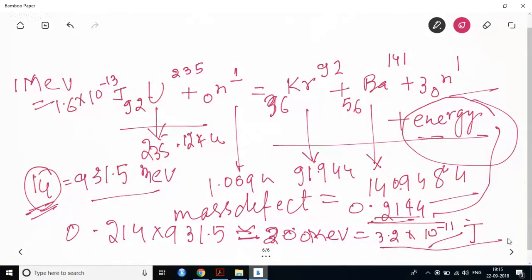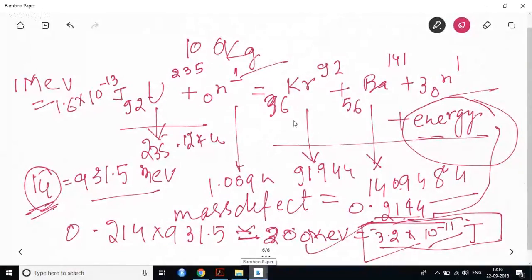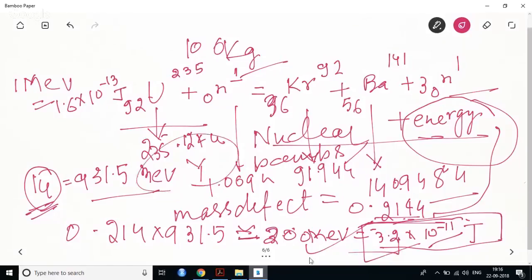You can understand, if I take enriched uranium of 5 kg or maybe 100 kg or 200 kg, what kind of energy would be produced. That is why nuclear bombs are so destructive. One, they produce gamma rays, and a huge amount of energy is produced, which is converted into heat.